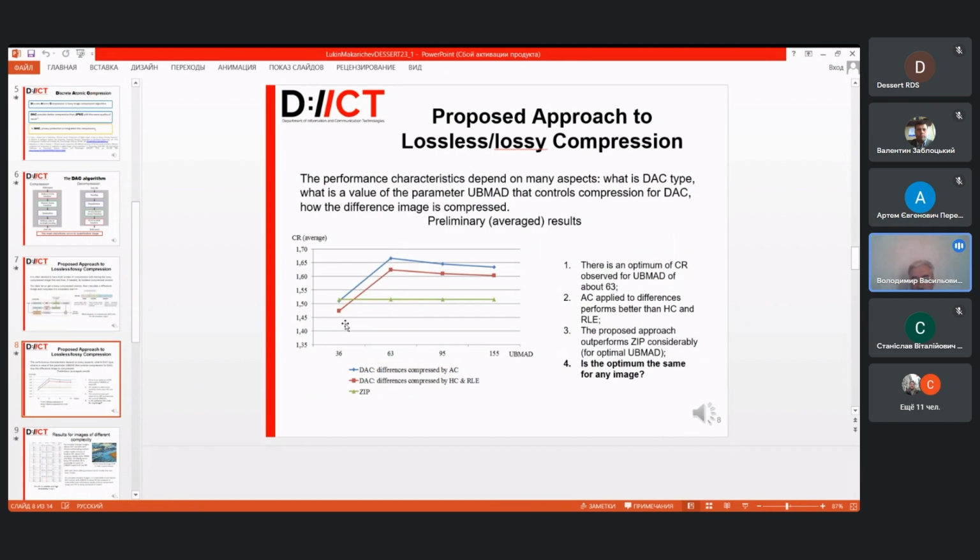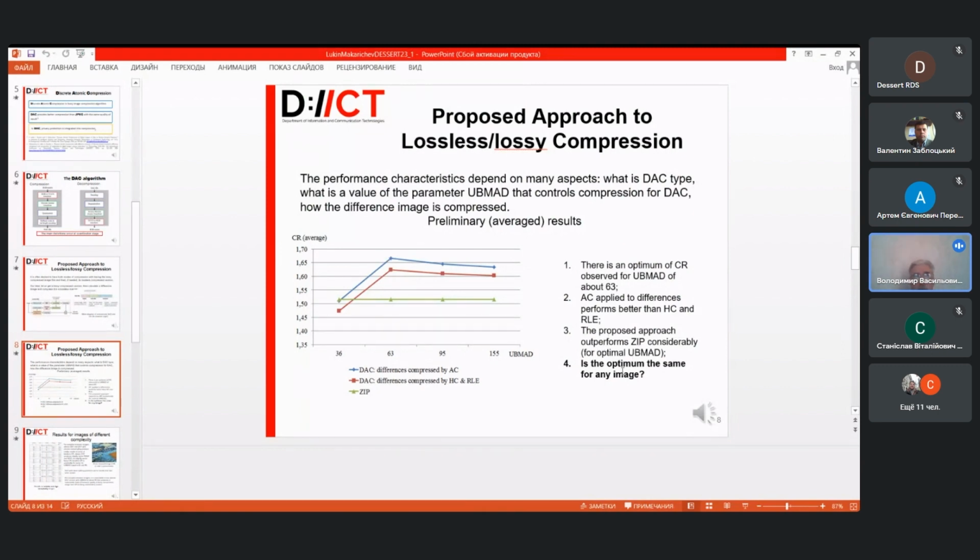There is an optimal point that corresponds approximately to UMAT equal to 63, and arithmetic coding applied to differences performs better than Huffman coding and run-length coding. And you can see that we have a certain benefit compared to zip coding, for instance.